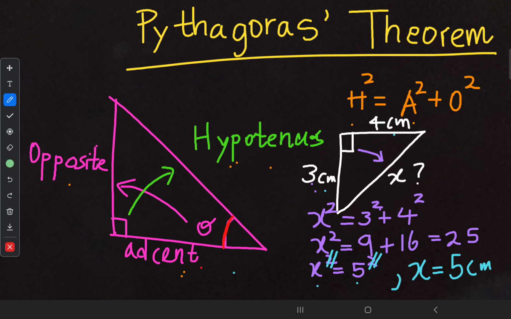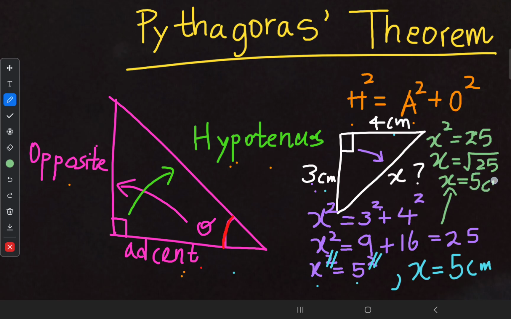Another method is also possible. After this step, we found x square equals 25. To find x, we have to find the square root of 25, so x equals 5. The unit is centimeters.